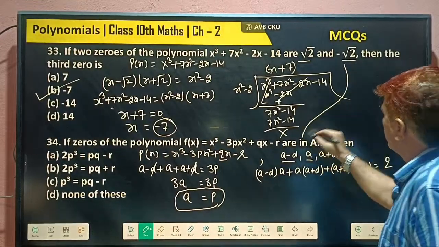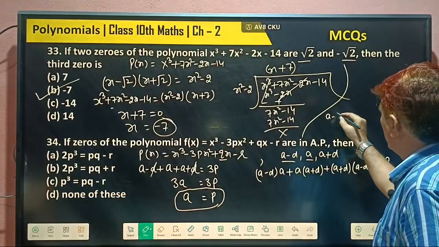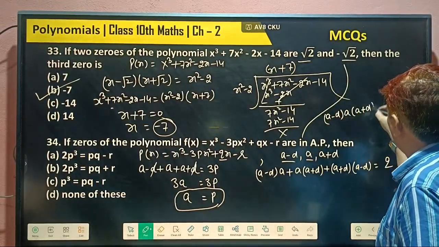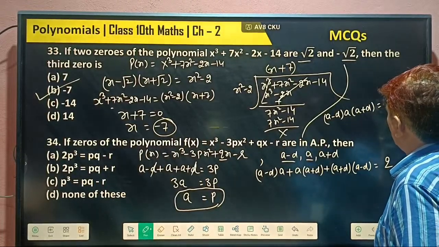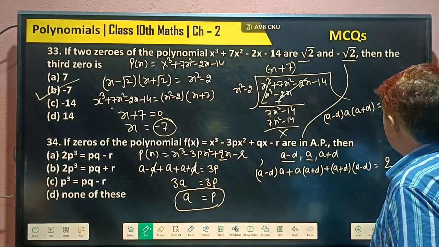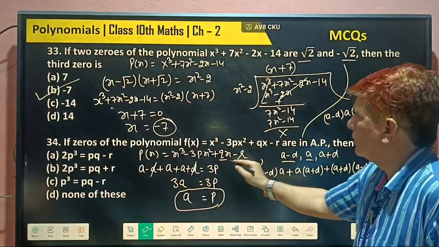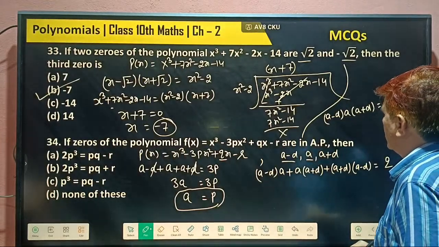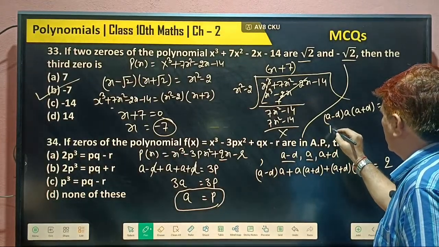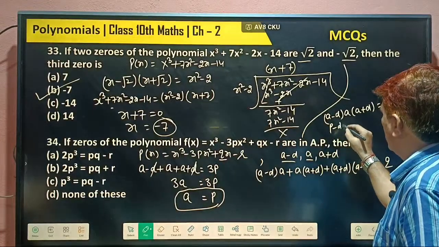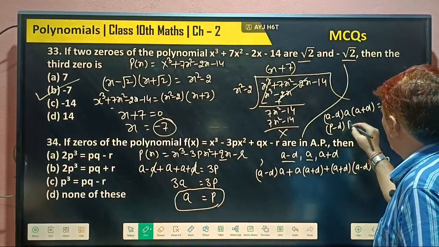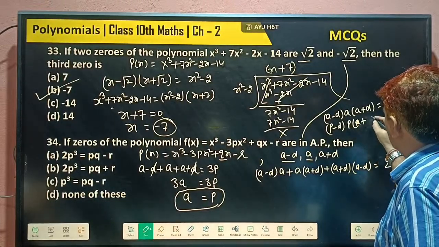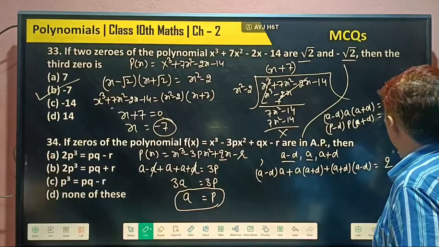Or we can take it like this: a minus d into a plus d times a is equal to r. Or how can we write this? p minus d into p into p plus d is equal to r.